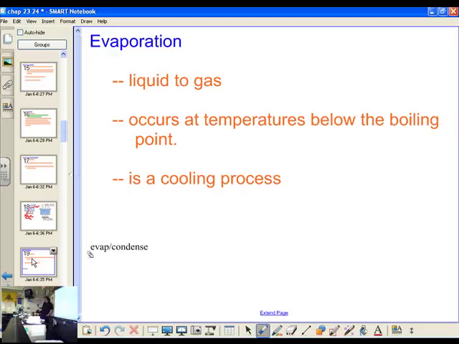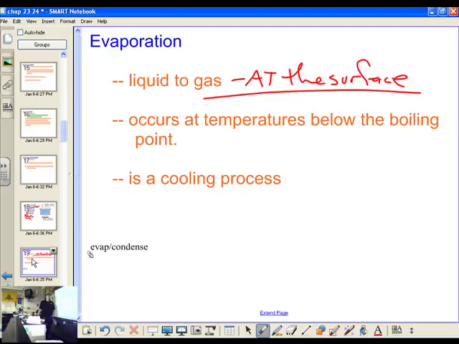Now last thing here, evaporation. This is also liquid to gas. This occurs at the surface of the liquid. It also occurs below the boiling point.